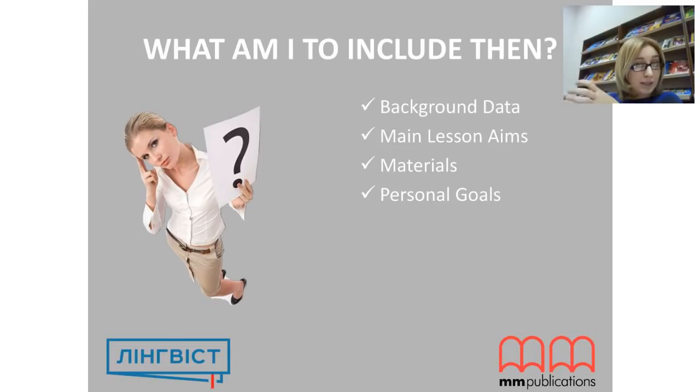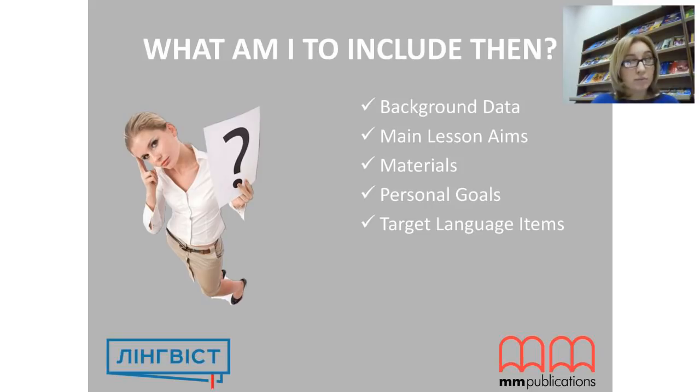And when I write my plan, I try to avoid the situation where my students become just passive listeners of the information which I'm trying to provide to them. So this is not only for the school administration, not only for students, but also for us, for our personal goals.